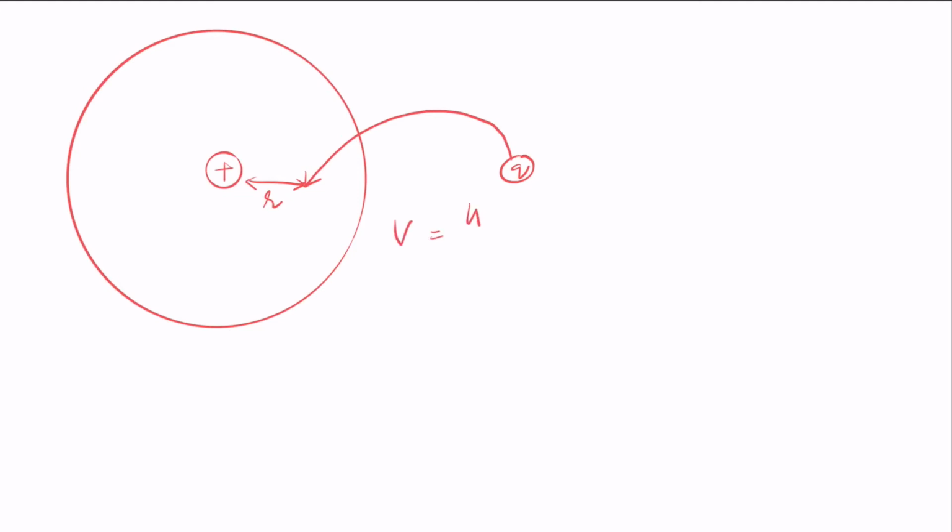So potential is given by the electrical work done, and we can remember that work done here is equal to the electrical potential energy, divided by Q. So this is the formula for V here.